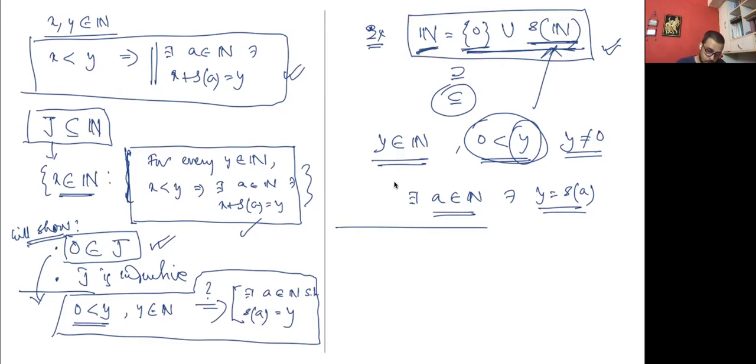Okay. Now the second one, J is inductive. So what do we need to do to show that J is inductive?